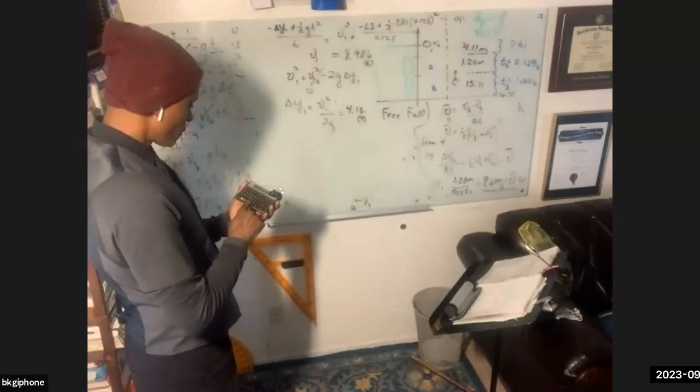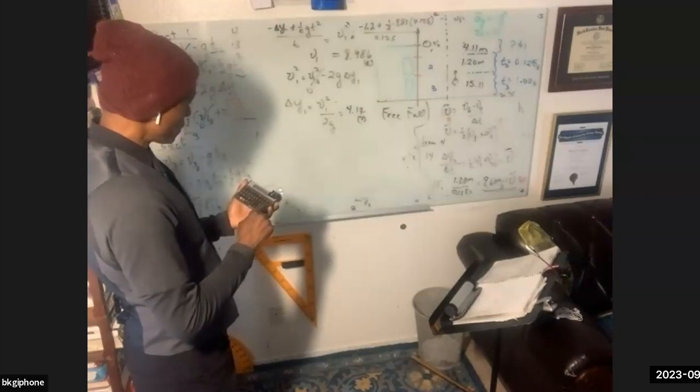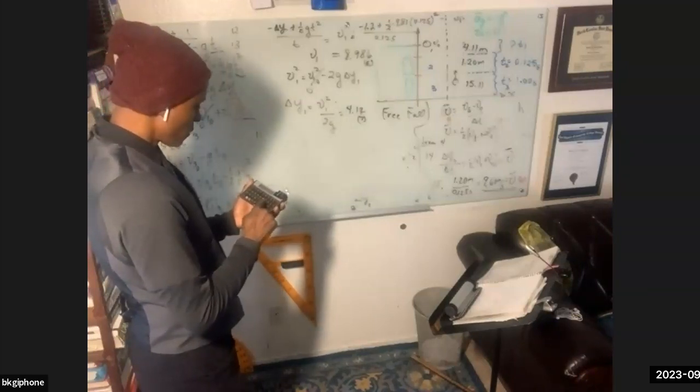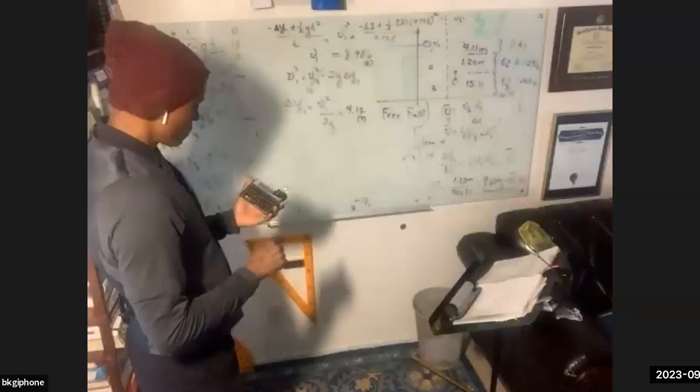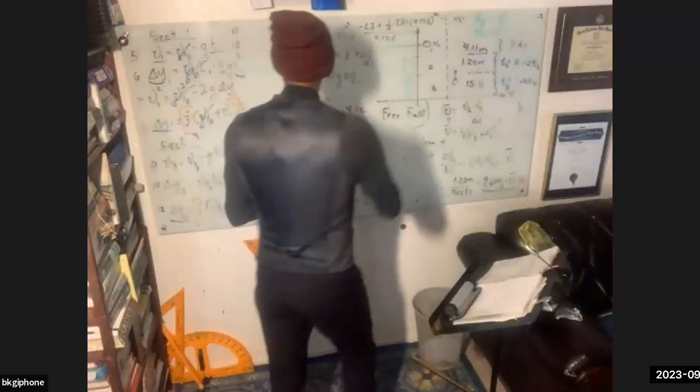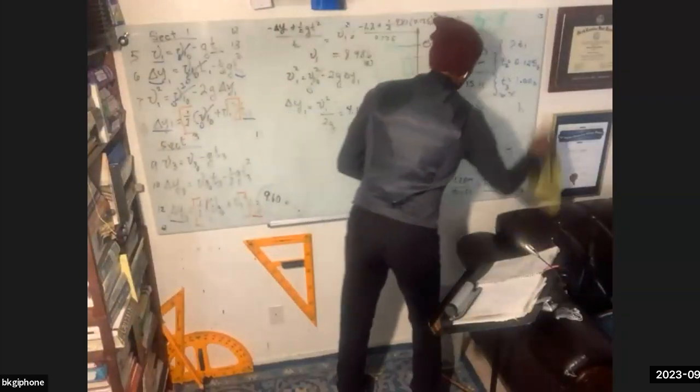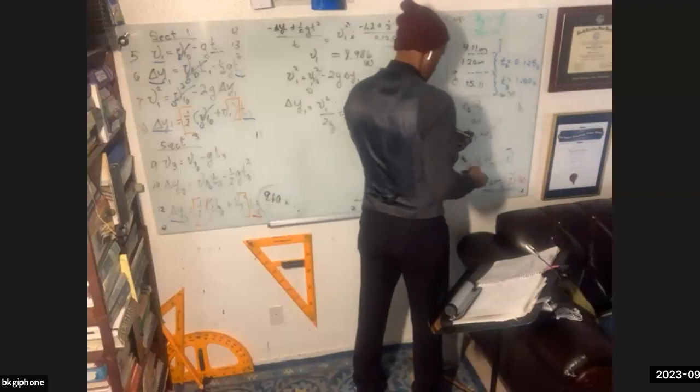Basically that velocity divided by 1.1. This time is like... I didn't solve for that T1 because it didn't seem relevant to the question.